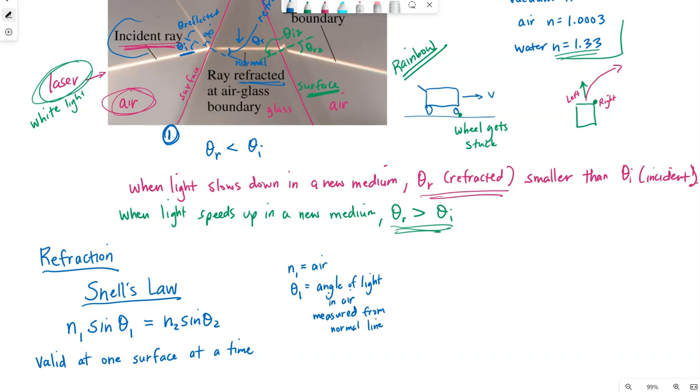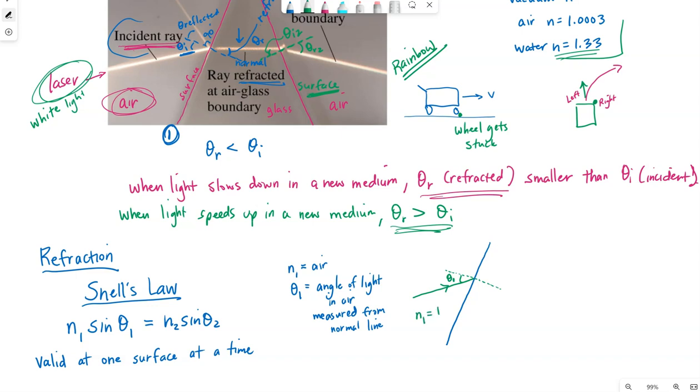So the normal line, remember, is perpendicular to the surface. So essentially, if I redraw that surface, this light ray that's coming in, so this was our incident angle, I would draw my normal line. Theta 1 would be this angle that the light makes relative to the normal. N1 is 1 for air.